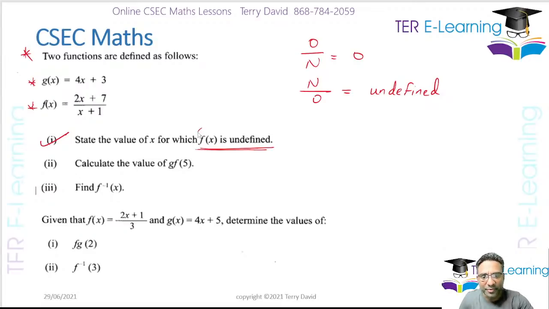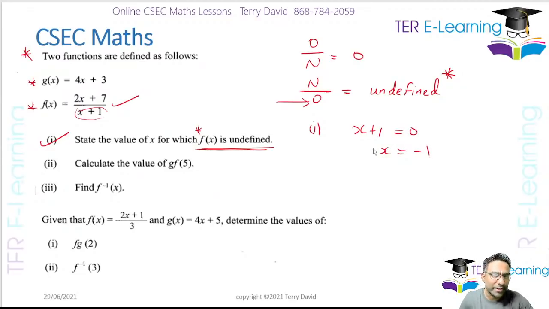So we are looking at the function f of x here, and they said state the value of x for which f of x is undefined. To make a function undefined, my denominator has to be 0, which means you see this x plus 1 here? You need to put that equal to 0 and solve for x. So this is part 1: x plus 1 is equal to 0, therefore x is equal to minus 1.